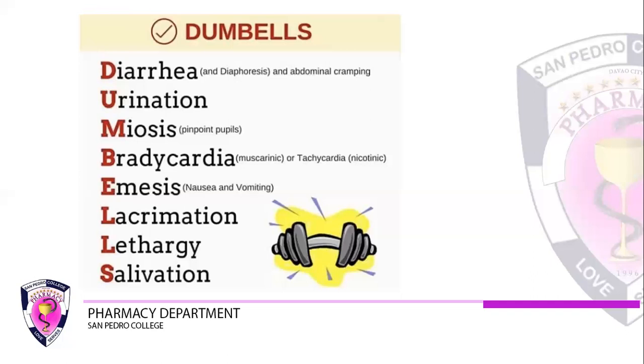So this one is like an issue for some drugs. There are some drugs na tinatawag natin non-selective. When we say non-selective agents, pwede siya mag-bind to either muscarinic or nicotinic receptor. Ibig sabihin nito, unpredictable ang kanyang effects.